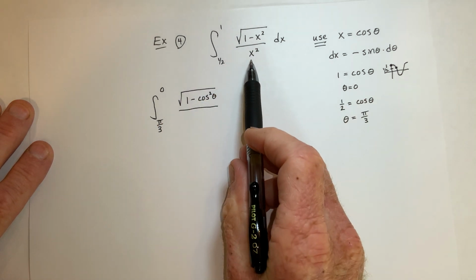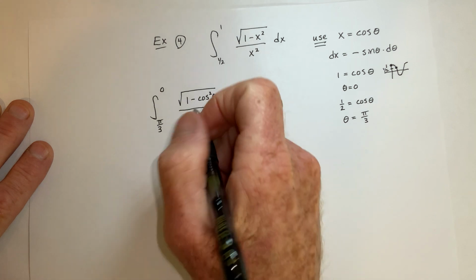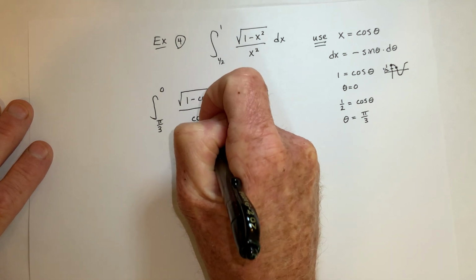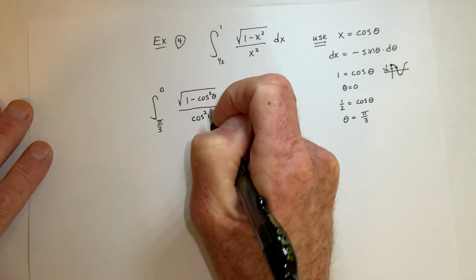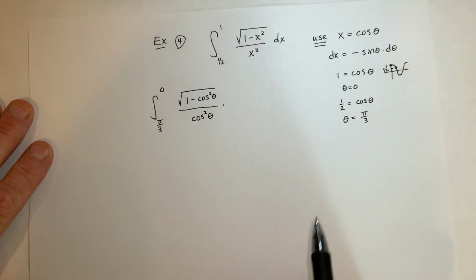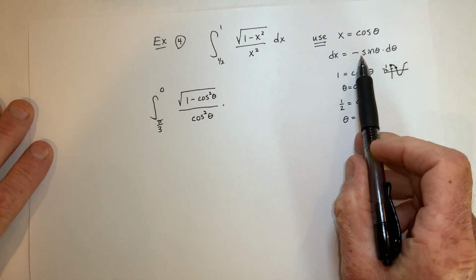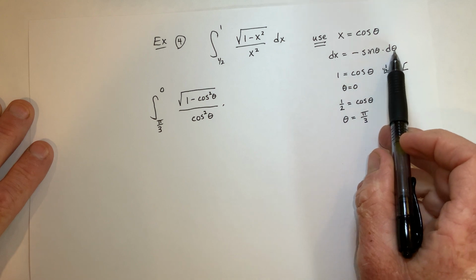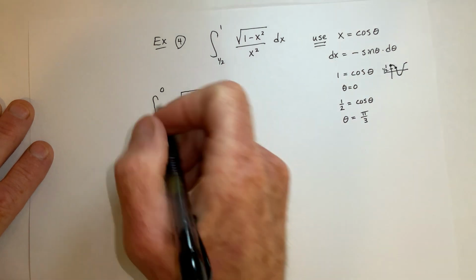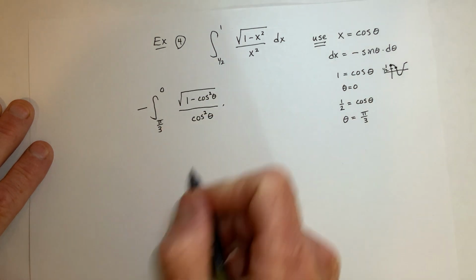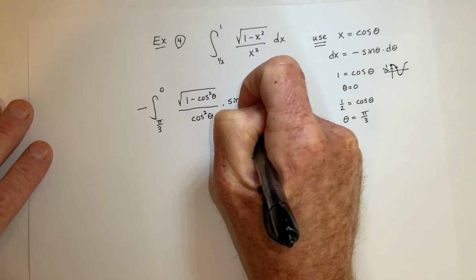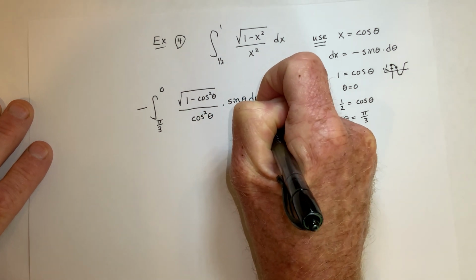And on the bottom, it's just going to be cosine squared. And then in place of dx, we need to use this, negative sine of theta times d theta. So the negative, I'll just factor out, and then it'll be sine of theta, d theta.